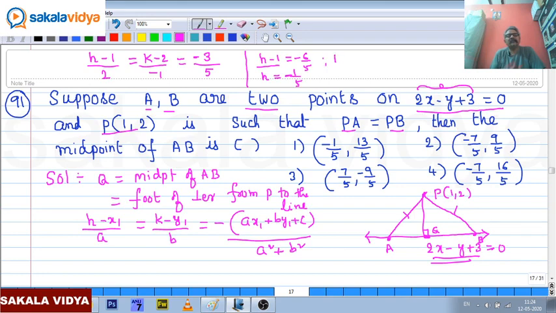Next, k minus 2 is equal to, here we have 3 by 5. So k equals 3 by 5 plus 2, 13 by 5. So minus 1 by 5, 13 by 5. So the first option is the right option.